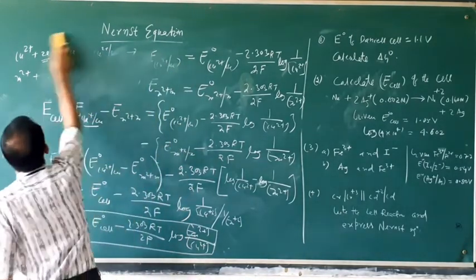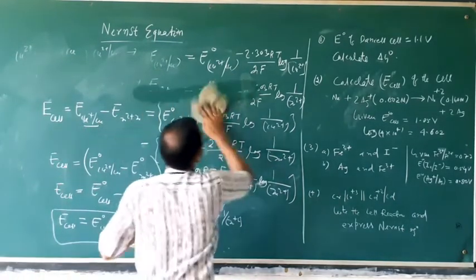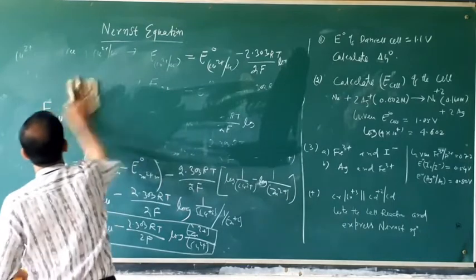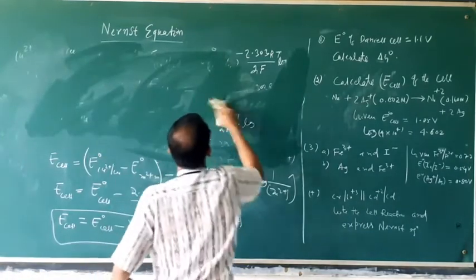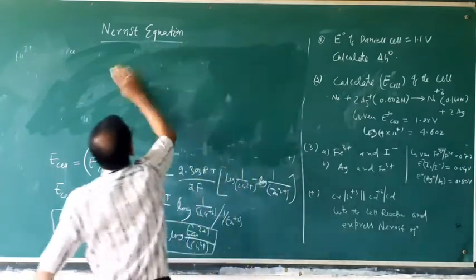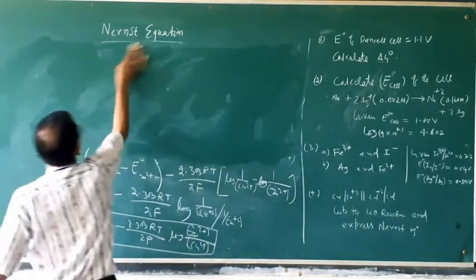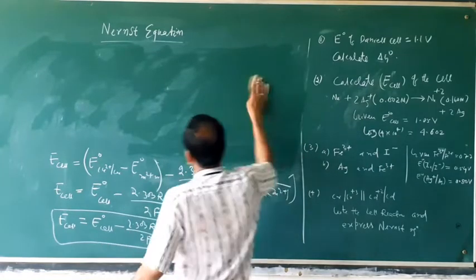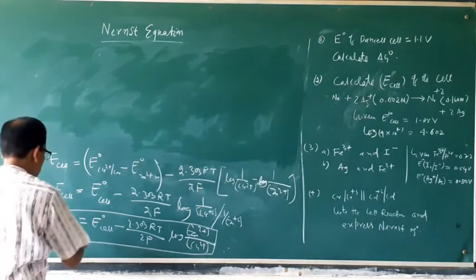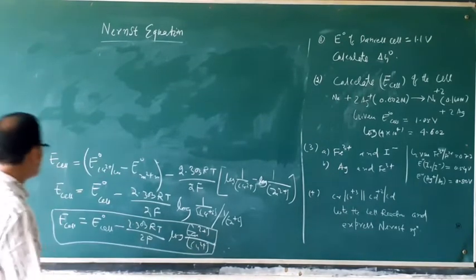If you compare, this is E cell equals E naught cell minus RT by nF, that is 2F, log this.